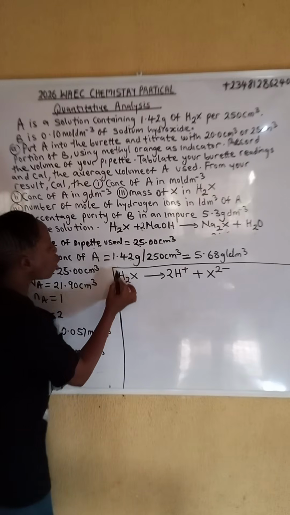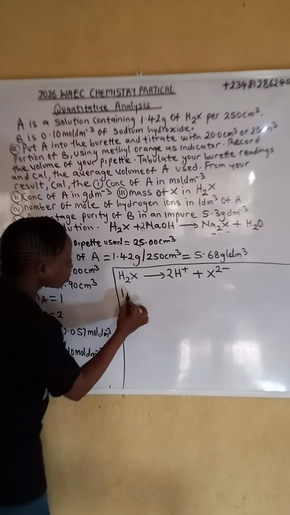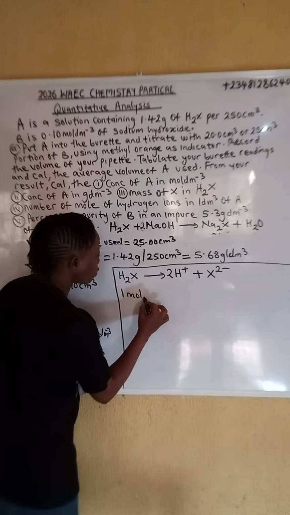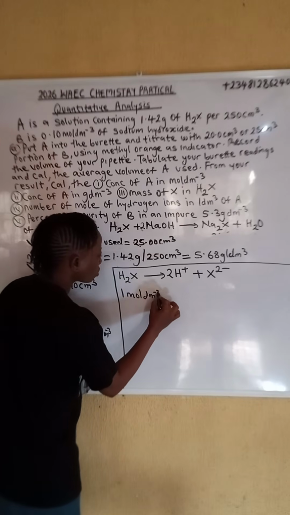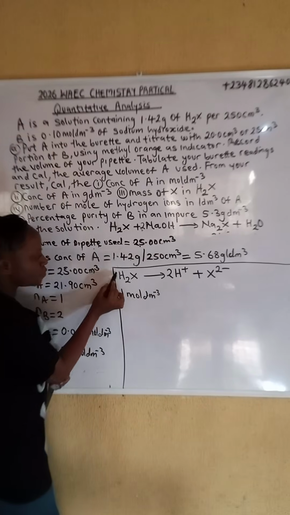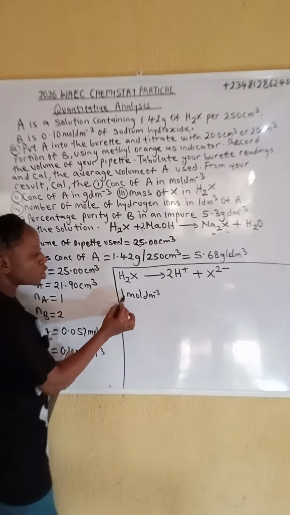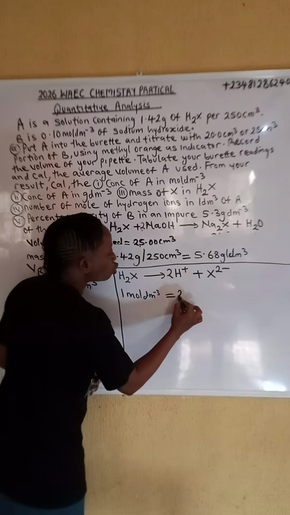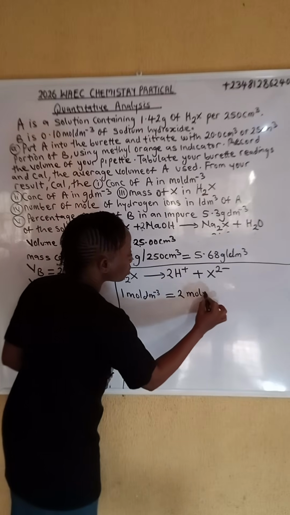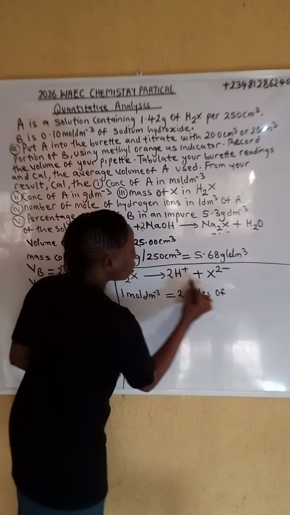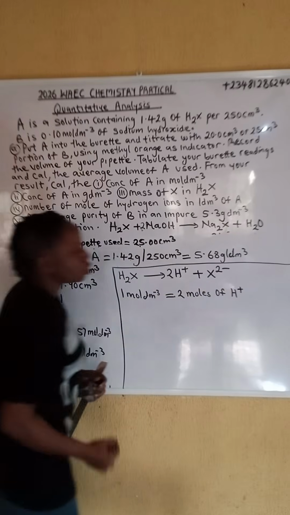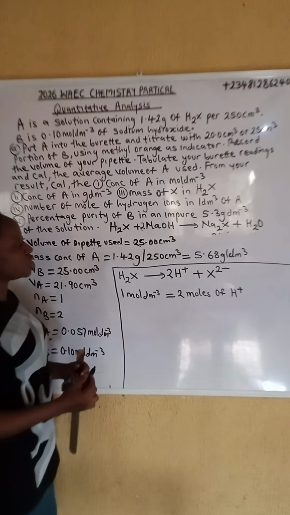Now, 1 mole per dm cube of this acid, the coefficient of this acid is 1. So 1 mole of this acid produces 2 moles of this hydrogen ion.